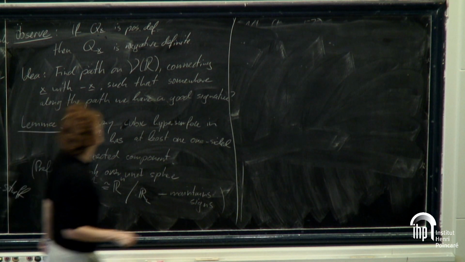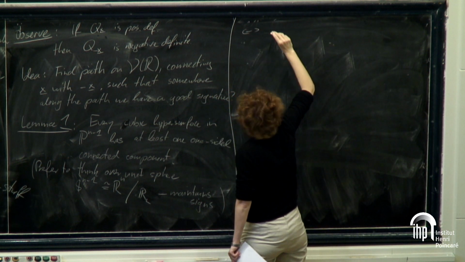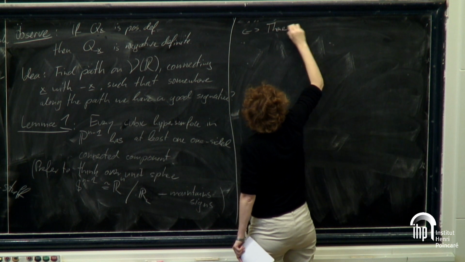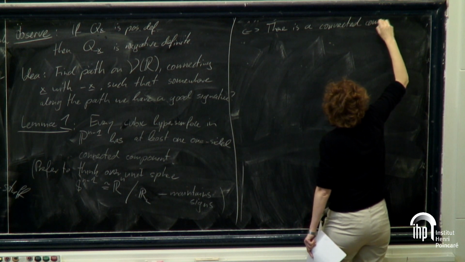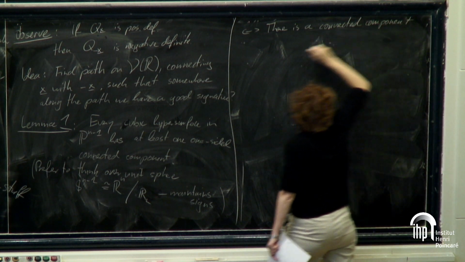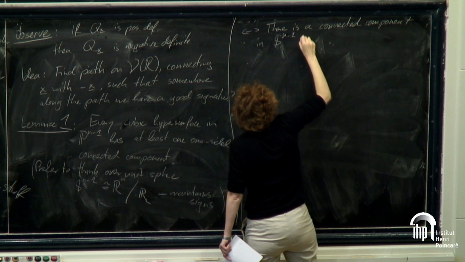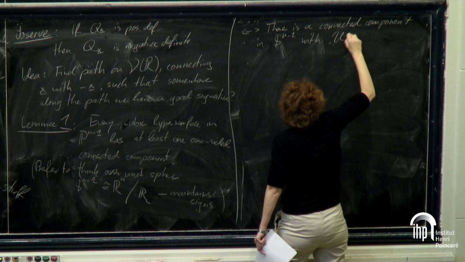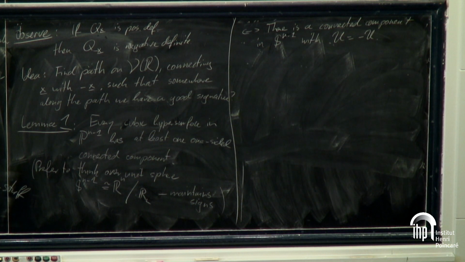So in that language, there is a connected component, then we can write down that. So if we choose our x in that connected component U, then we find the path.